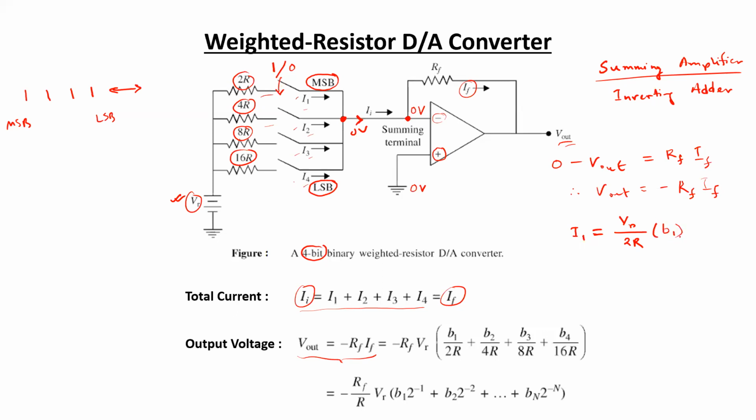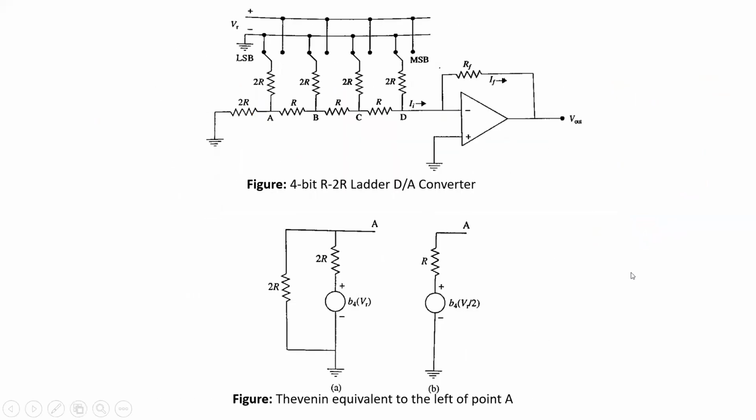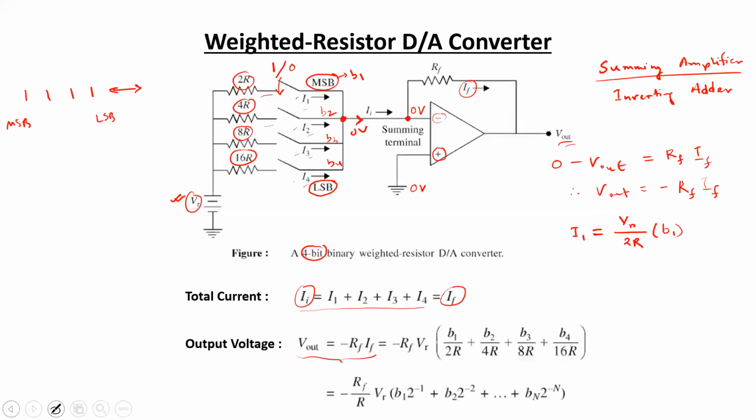So for this particular branch, let's say B1 is representing our MSB. Along with this expression of VR divided by 2R, we are going to multiply it with the status of this bit B1. So if B1 is 1, then this amount of current is supposed to flow. If B1 is equal to 0, then no current is supposed to flow. Similarly for the other bits as well, suppose this is B2, this is B3, this is B4. So for I2, we can easily write it as VR divided by 4R into B2.